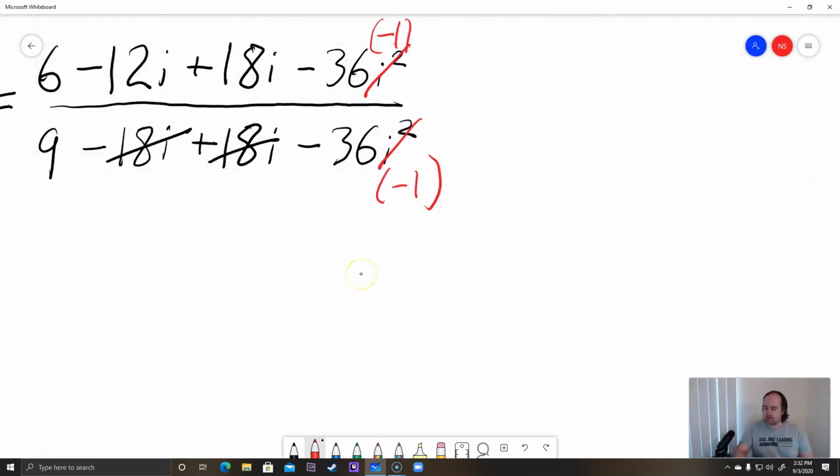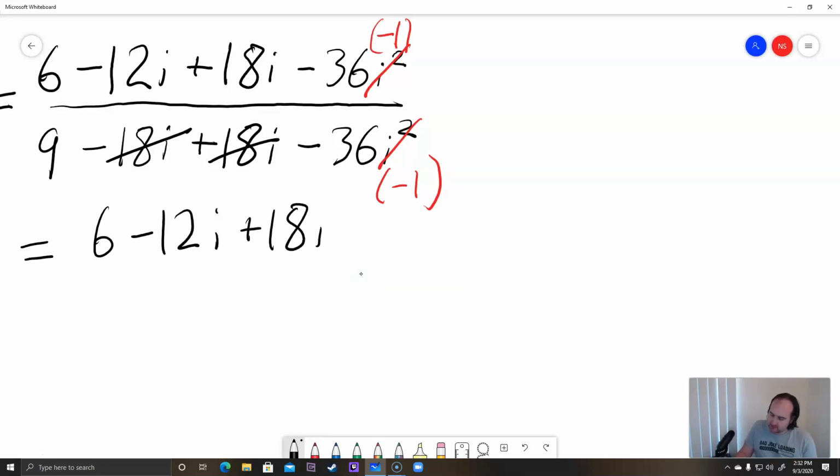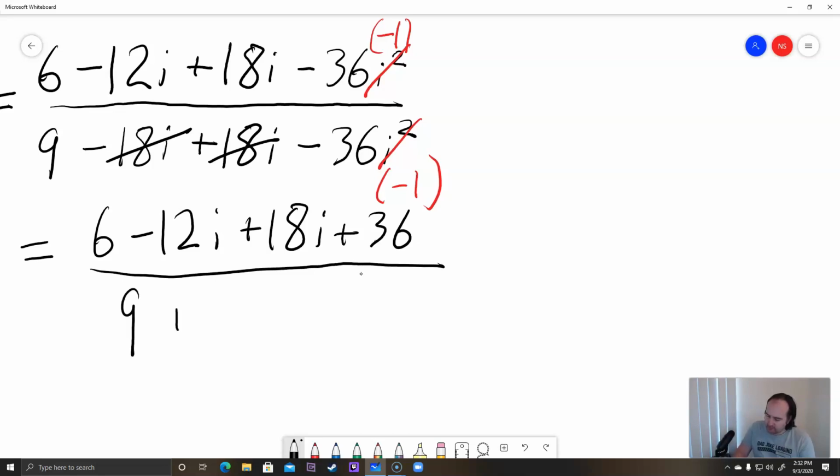So what do we have here? We've got 6 minus 12i plus 18i plus 36, because the minuses cancel. And on the bottom, we have 9 plus 36, because negative 36 times negative 1 is positive 36.